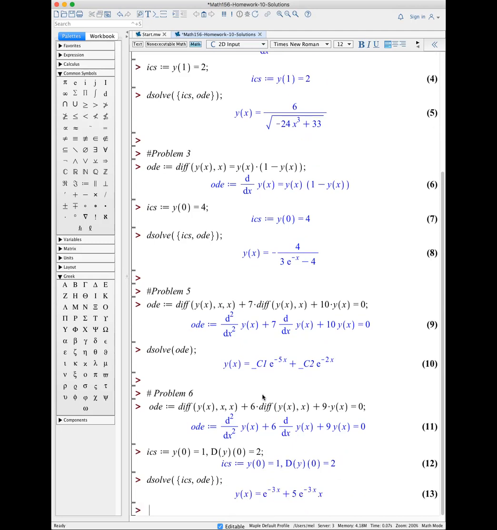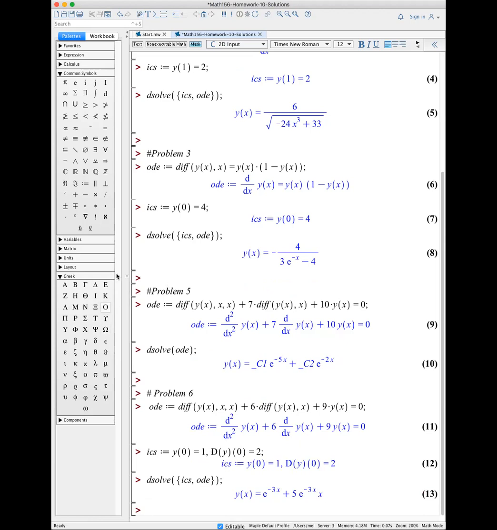Wait, that's not right. There we are. So the two basic solutions to this differential equation are e to the minus 3x and x times e to the minus 3x. And this particular linear combination is 1 at 0 and 2 when you evaluate the derivative at 0.